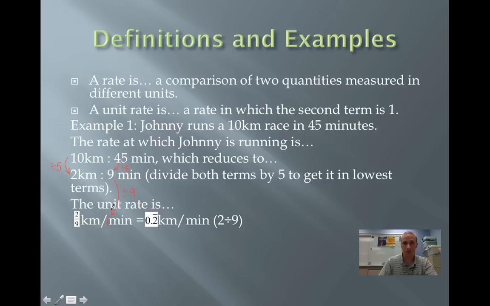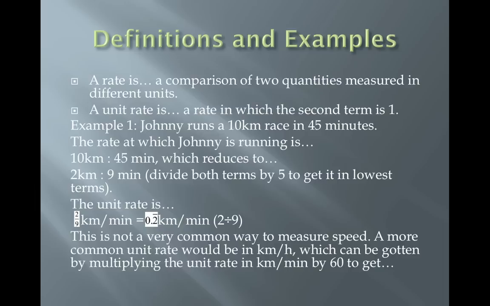Again, we're just dividing by whatever the second term is. So if you're going to divide the second term by 9, you also have to divide the first term by 9, and 2 divided by 9 is really just 2/9. So it's 2/9 of a kilometer every 1 minute. If you want to change that 2/9 into a decimal, you do 2 divided by 9 on your calculator and you'll find it's 0.2 repeated kilometers per minute.